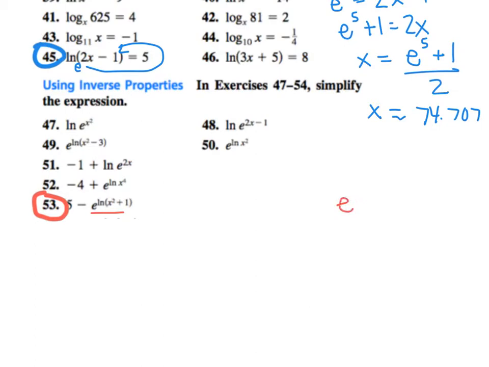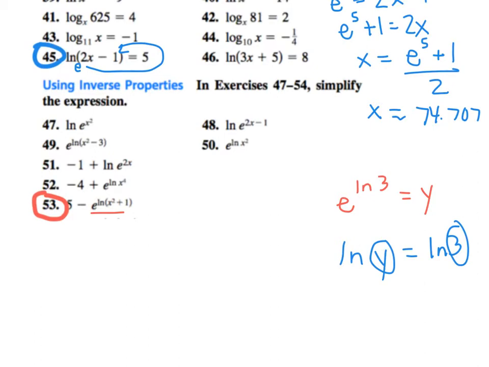If I have e to the ln of 3, I will find that if I set this equal to y, and since that's exponential form, if I change this to log form, it would look like this: ln, the exponent is ln of 3. This is basically saying that y would have to be 3.